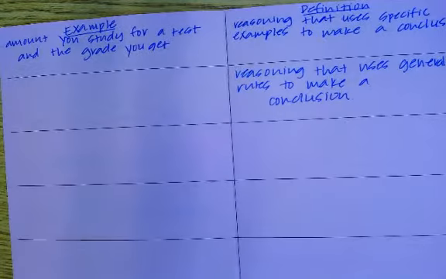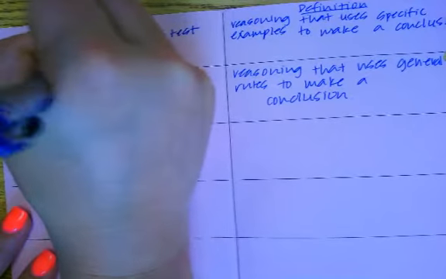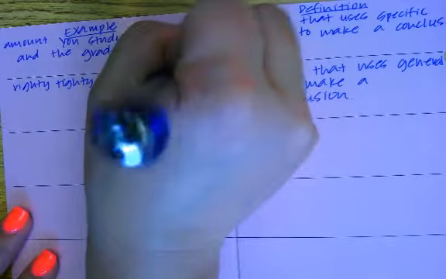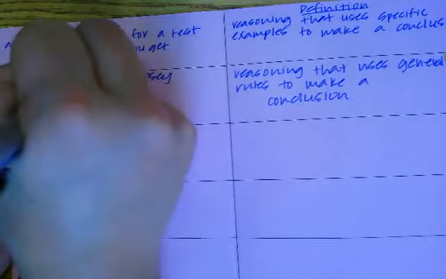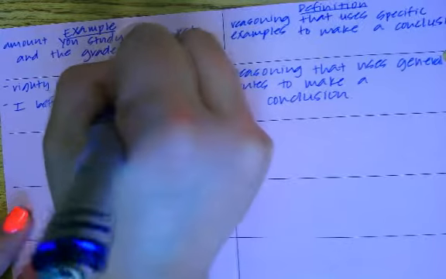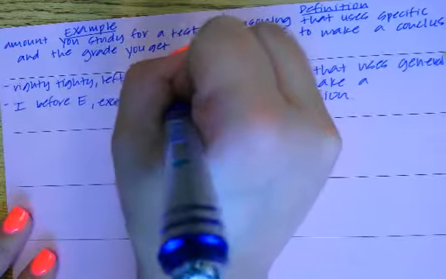Okay, examples of this would be the little rules that help you do things like righty-tighty, lefty-loosey. Has everybody heard that before? Okay, another one is I before E except after C. Anybody else have another one?